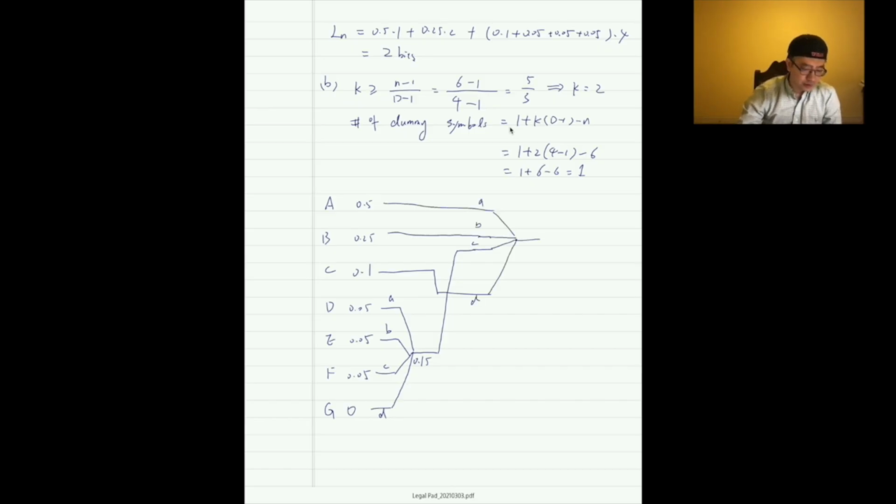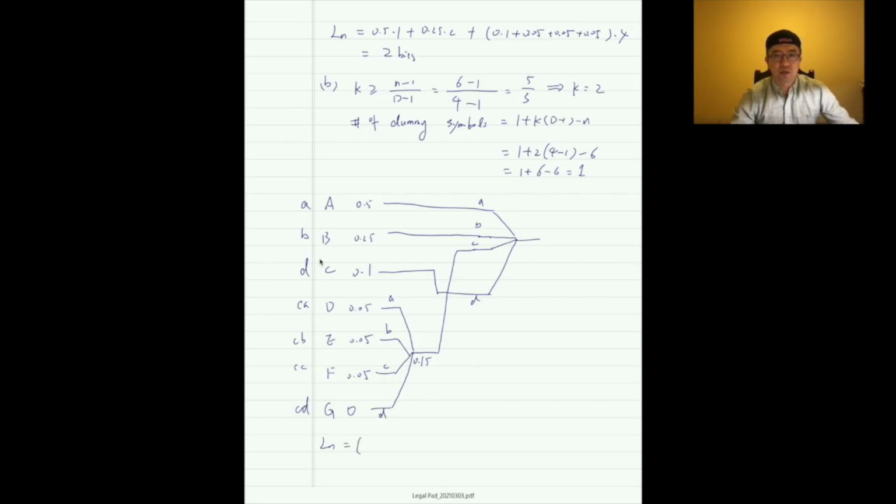Okay, so now let's write down the code words here. The first one, A, is a small a here, B is a small b here, C is a small d, and from D to G is CA, CB, CC, and CD. Okay, and clearly CD doesn't matter, right? Because G is not a real symbol. Okay, so the average length equals nothing but this.